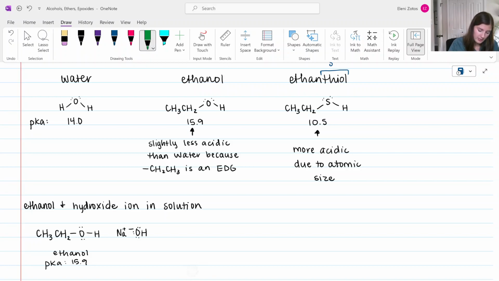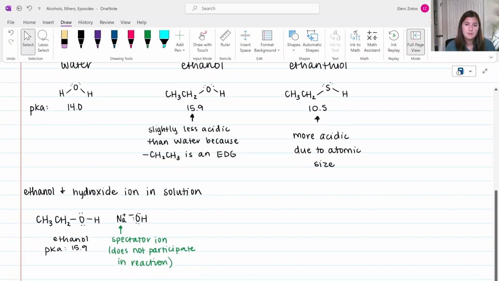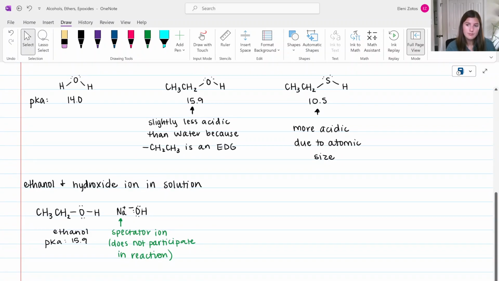Remember that sodium is a spectator ion, which means it does not participate in the reaction. It's only there really to balance the charge. That's the way that we use it when we're writing out a reaction this way, we use it to balance charge.